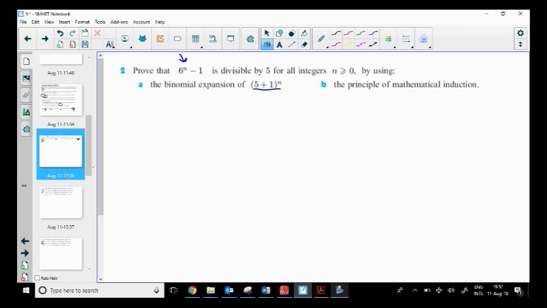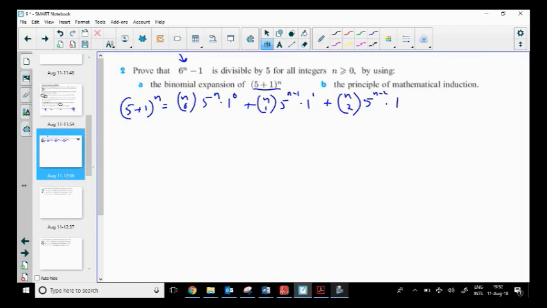So binomial expansion says 5 plus 1 to the power of n is going to be equal to n choose 0 times 5 to the n times 1 to the 0, plus n choose 1 times 5 to the n minus 1 times 1 to the first, plus n choose 2 times 5 to the power of n minus 2 times 1 squared, plus a whole bunch of stuff in between.